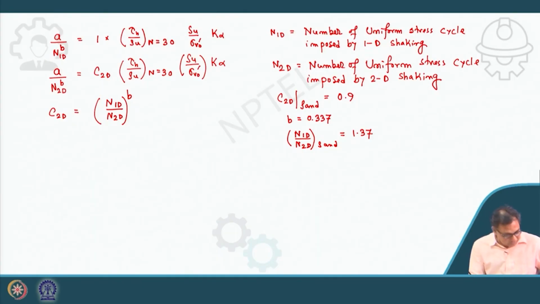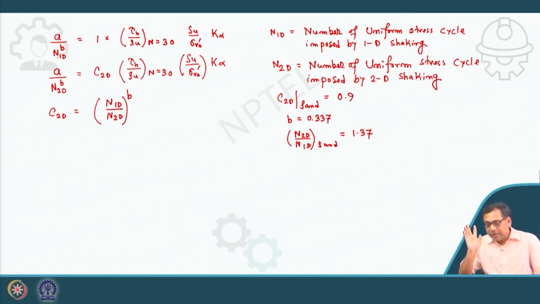Or sorry, this is not 2D actually. This is 2, this is 1. So what does it mean? That means that your uniform number of stress cycles for 2D shaking is 1.37 times more than the uniform number of stress cycles under 1D shaking.